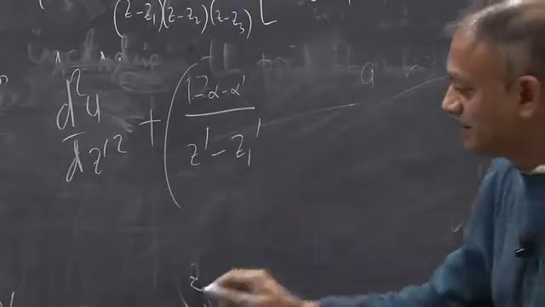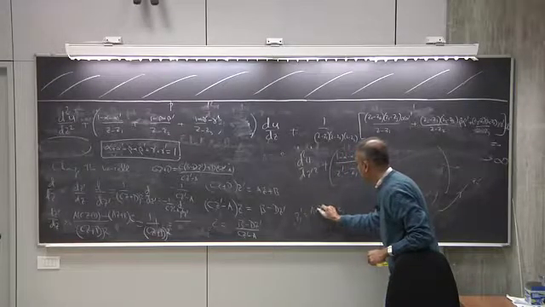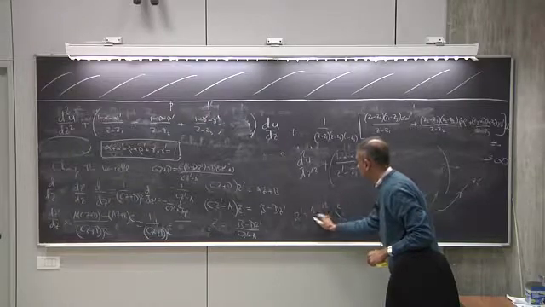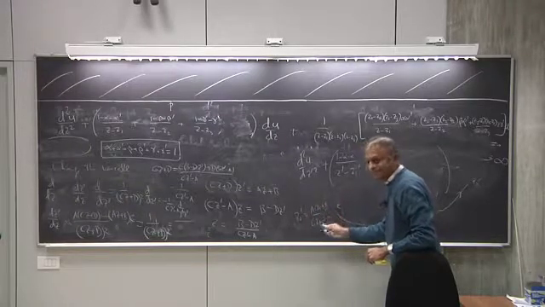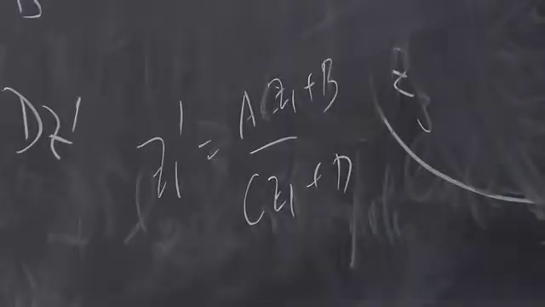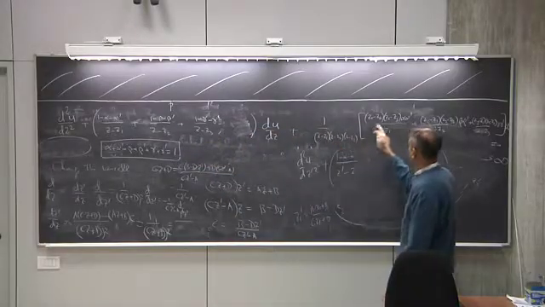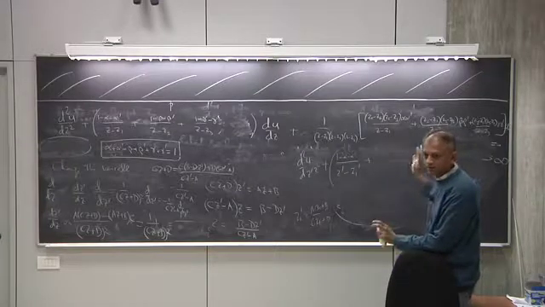And what is z1 prime? z1 prime is simply az1 plus b divided by cz1 plus d, which is exactly where the z1 is mapped to, right? And similarly, all the remaining stuff is just all these replaced by primes. And similarly here also, all these replaced by primes. That's what you will end up.